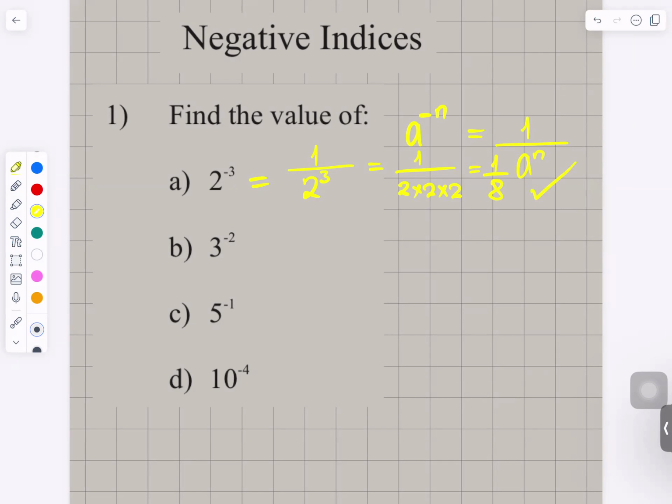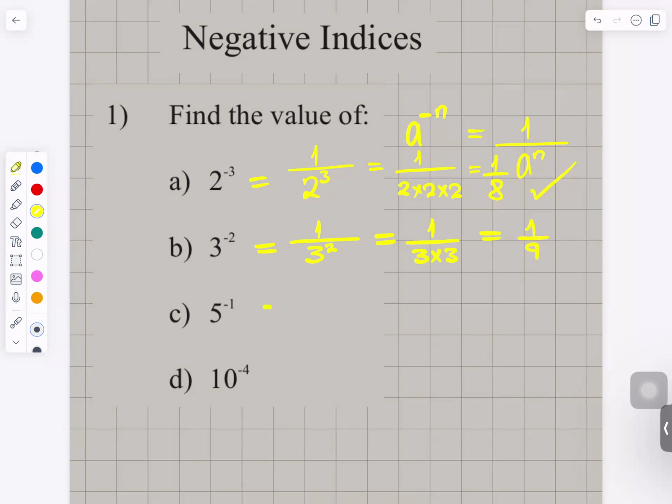And 3 to the minus 2, you write it as 1 over 3 squared, which is the same as 1 over 3 times 3, which is 1 over 9.